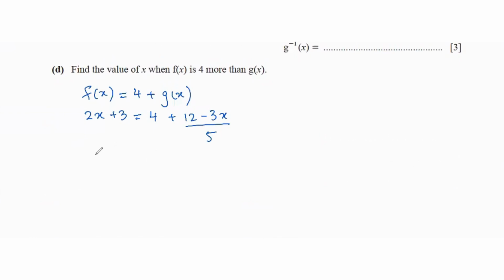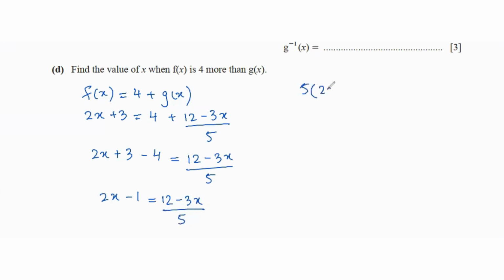So it's going to be 2x plus 3 minus 4 equals to 12 minus 3x over 5. 2x minus 1 equals to 12 minus 3x over 5. Cross multiply 5 with 2x minus 1.